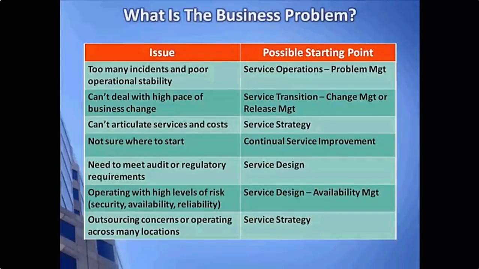So here are some examples highlighted in the table. For example, maybe I've got too many incidents and operational stability is very poor. I get lots of incidents, lots of outages. So here I might want to focus most of my efforts around ITIL problem management, which is out of the service operations lifecycle stage.